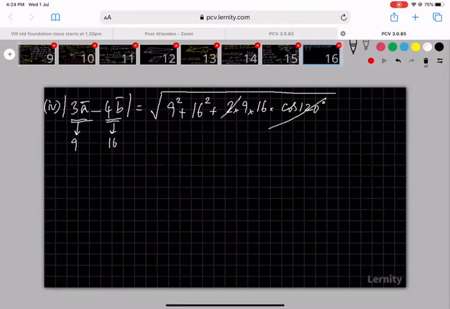So this and this get cancelled, putting a minus here. So root of 81 plus 256 minus 144. Okay, 256 minus 144 is 112. 112 plus 81.